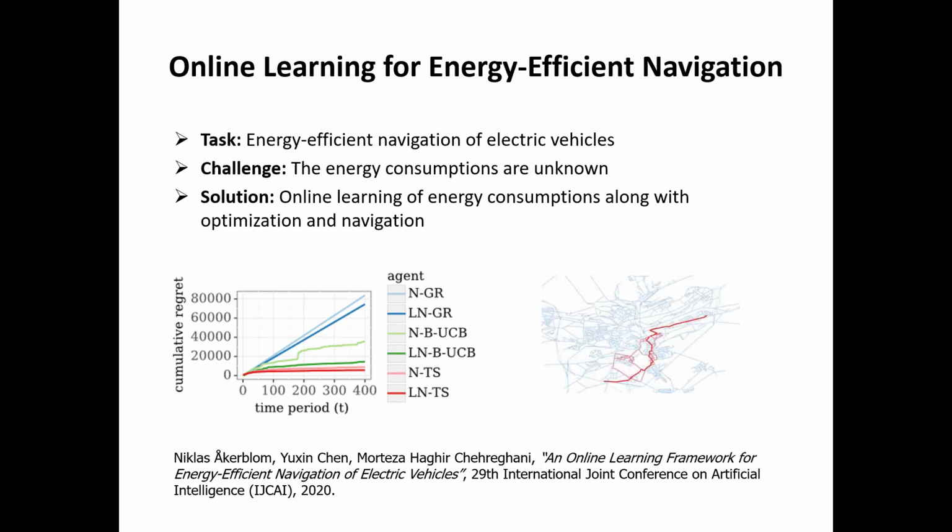I suggest, if you are interested, you can read more about this work in our very recent publication at IJCAI. A summary of results is shown here. And as we see here, the online learning paradigm based on Thompson sampling yields the minimal regret or maximal performance compared to the alternatives.